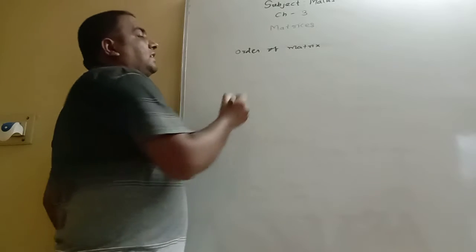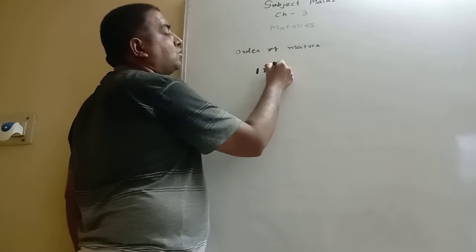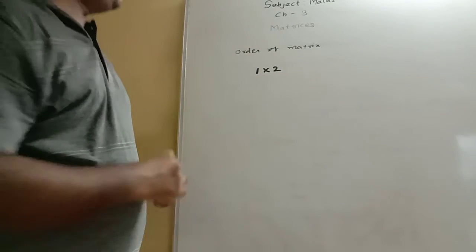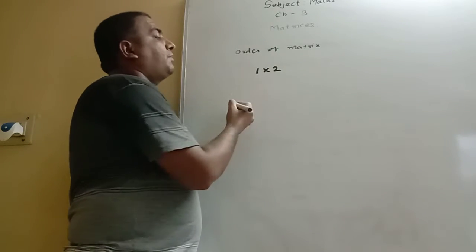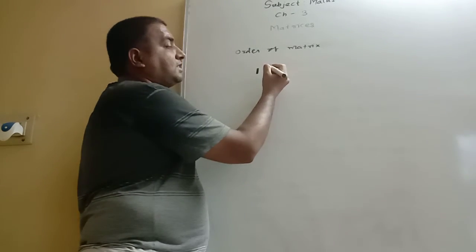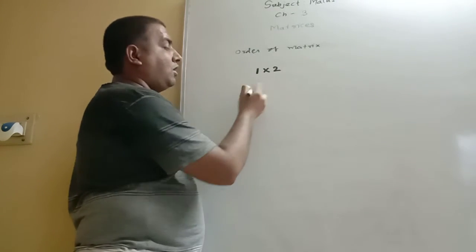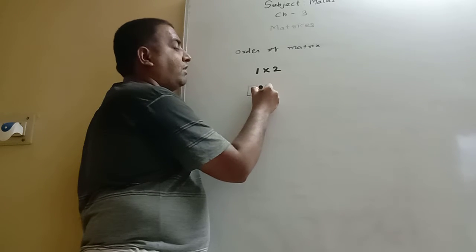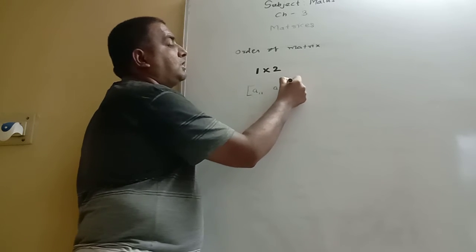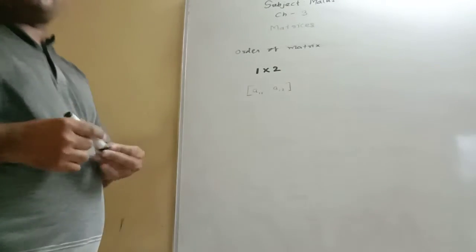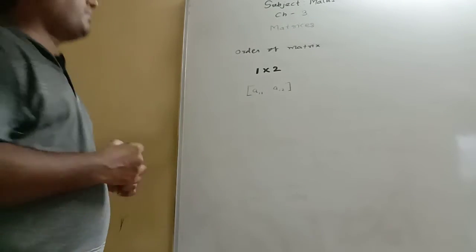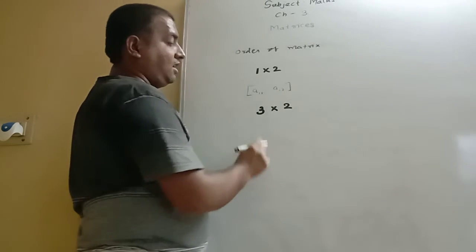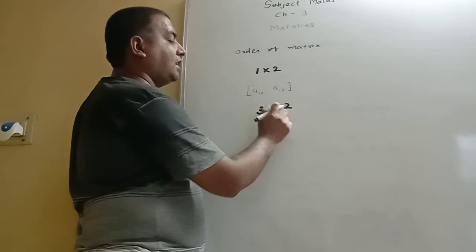If anybody says write a 1 cross 2 matrix, we know that the first number shows the number of rows and the second shows the number of columns. If we denote elements by A11, A12, this matrix is called a 1 cross 2 matrix. Suppose somebody says write a 3 cross 2 matrix. That means 3 rows and 2 columns.